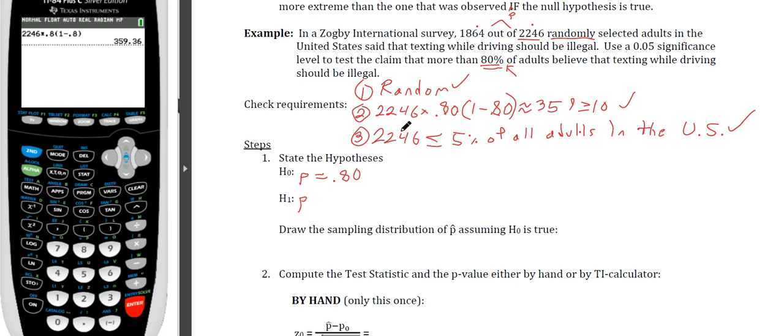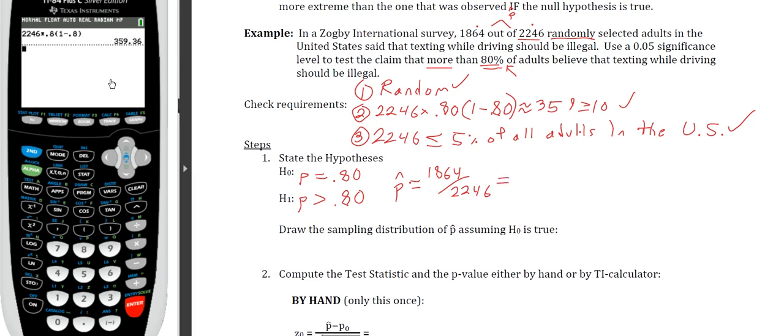However, for the alternative, we want to test that more than that is true. So we want to test that greater than 0.80 is actually true, based on our sample results. And our sample results yielded P hat was 1,864 out of 2,246.